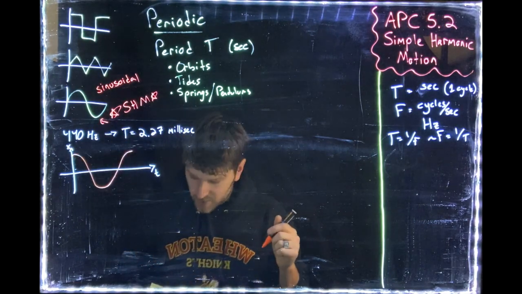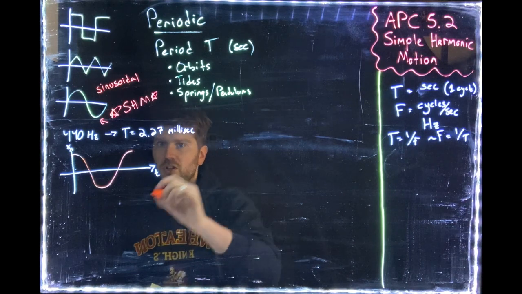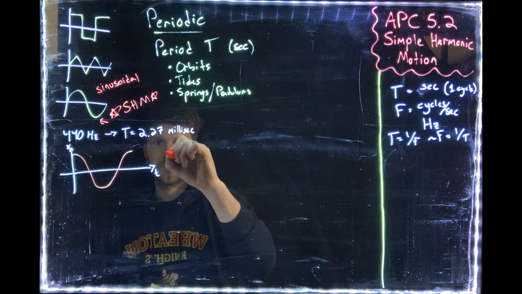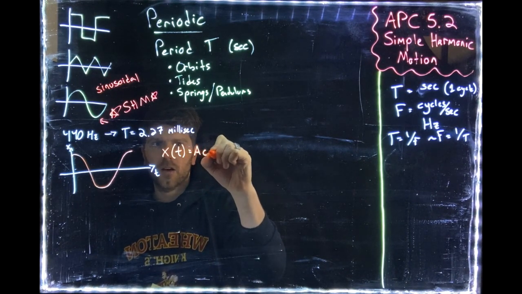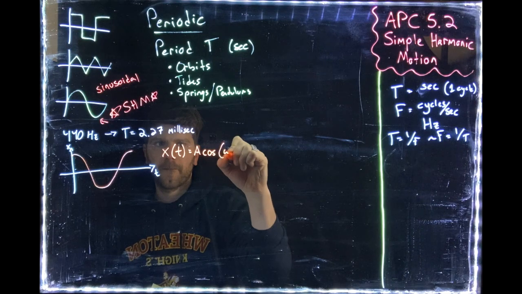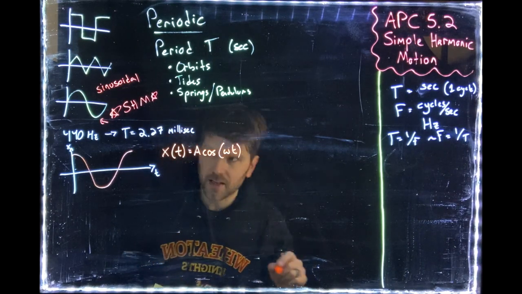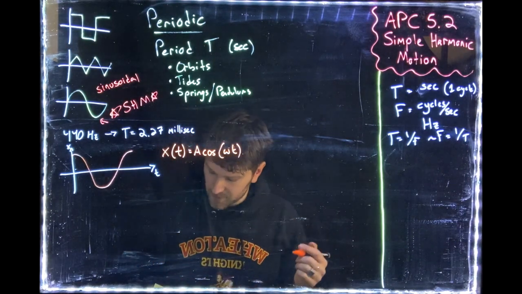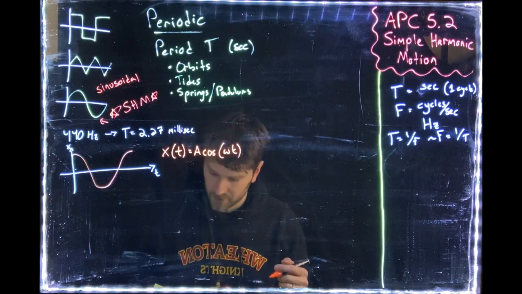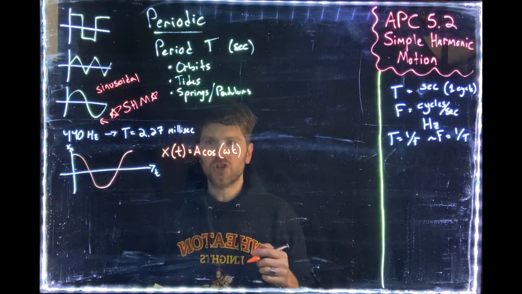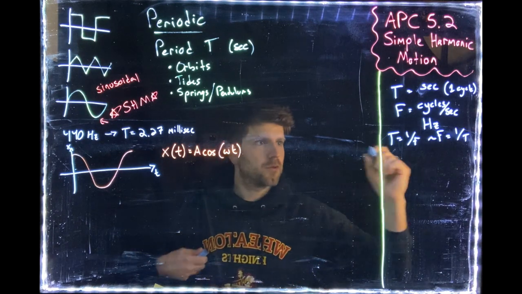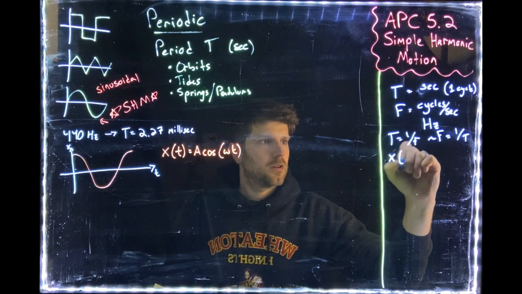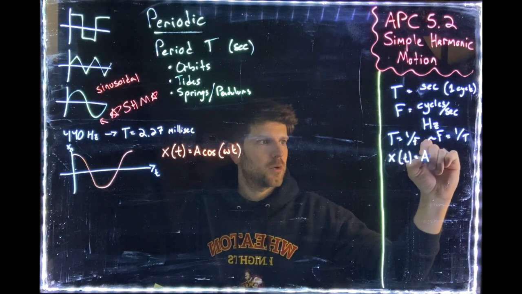And in this case, we can write our equation this way. We can write it as x of t equals A cosine omega t. And this is our general equation, and it could have just as easily been a sine, but we're going to stick with cosine for the moment. And this is our general equation for simple harmonic motion, and I'll even write it over here in our equation zone.